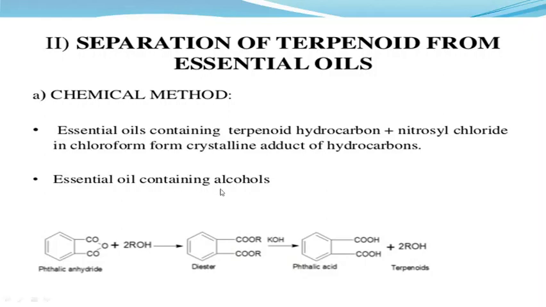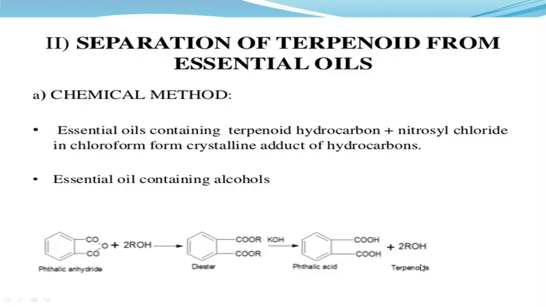If the essential oil contains alcohol, then it is treated with phthalic anhydride, which converts it into a diester. These diesters are extracted with sodium bicarbonate and decomposed by alkali to form phthalic acid and alcohols, terpenoid alcohols.